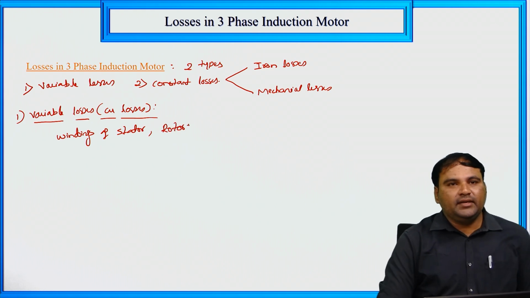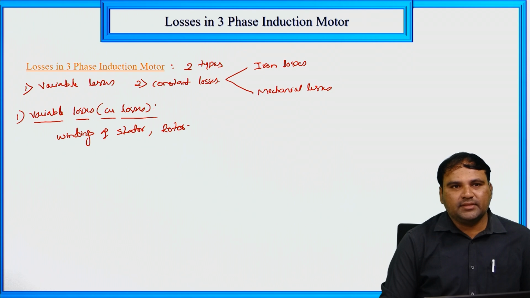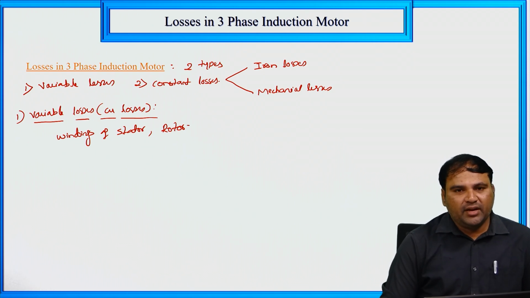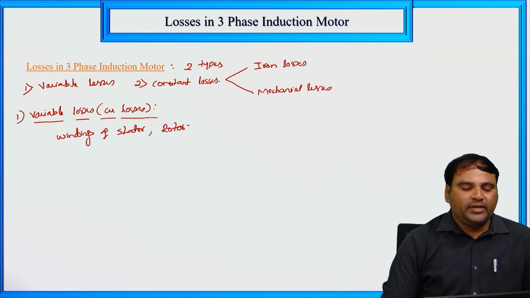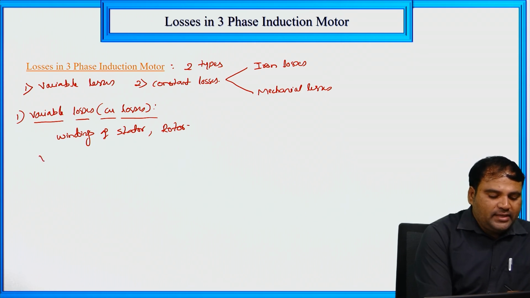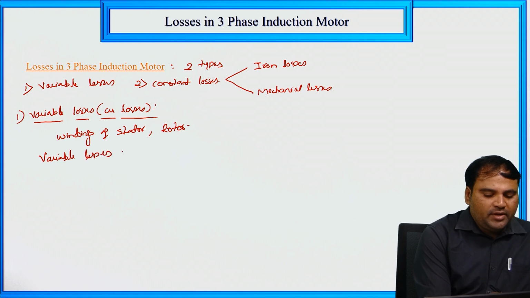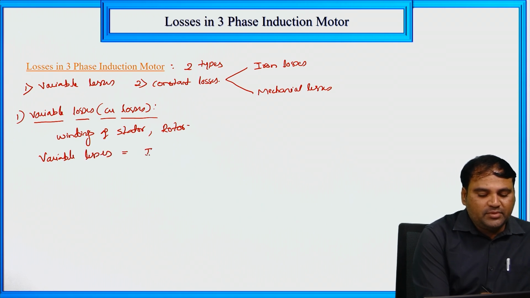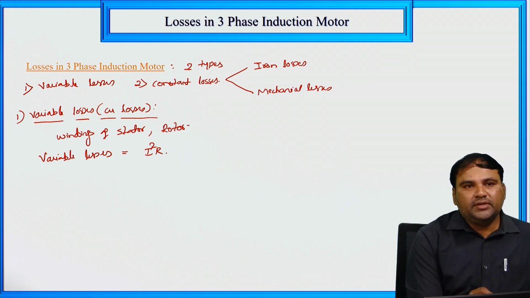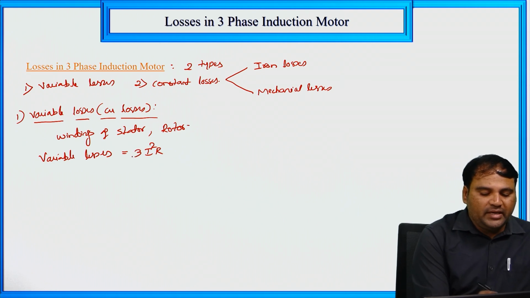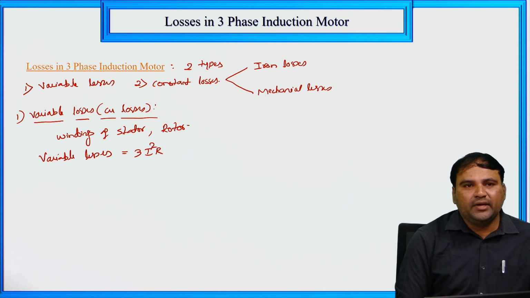So variable losses are written in terms of I square R. Since it is a three-phase supply, we have to multiply with 3. So 3 into I square R is the variable losses.